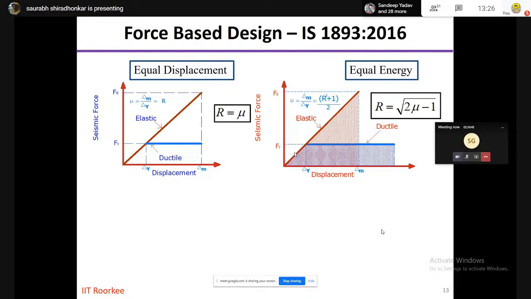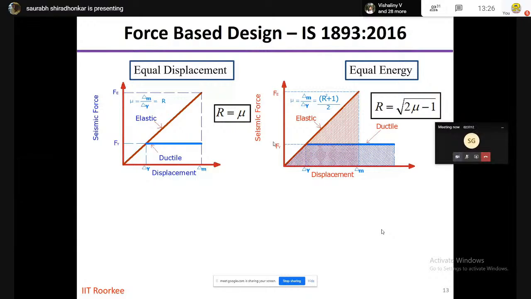Once we do the pushover analysis of a building, we get a force deformation characteristic of the building. Based on that, we can figure out the ductility of the building, which is the ratio of the maximum displacement that the building can undergo to its yield displacement. And using this ductility, there are two rules which are given in the literature, which are called the equal displacement and equal energy principle.